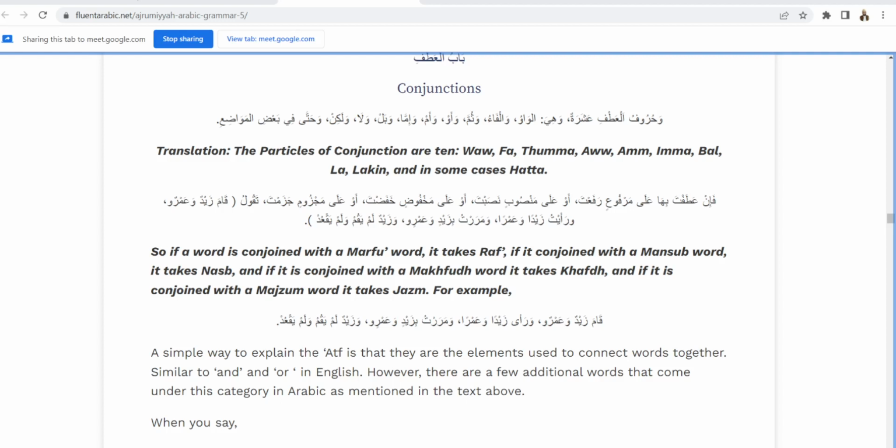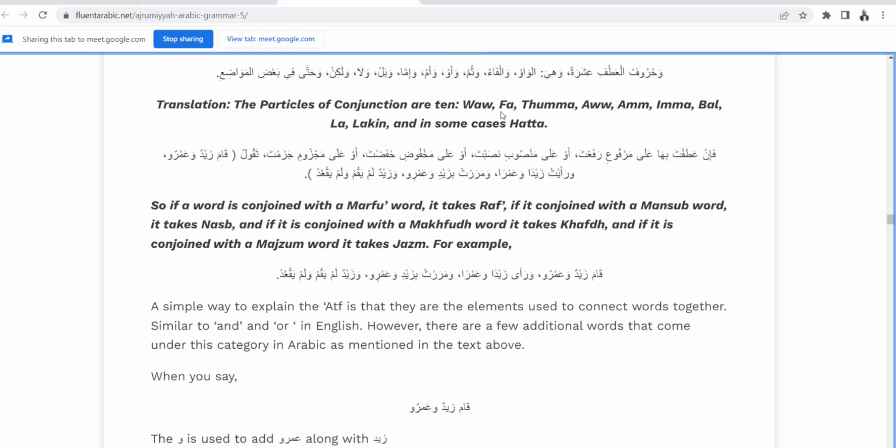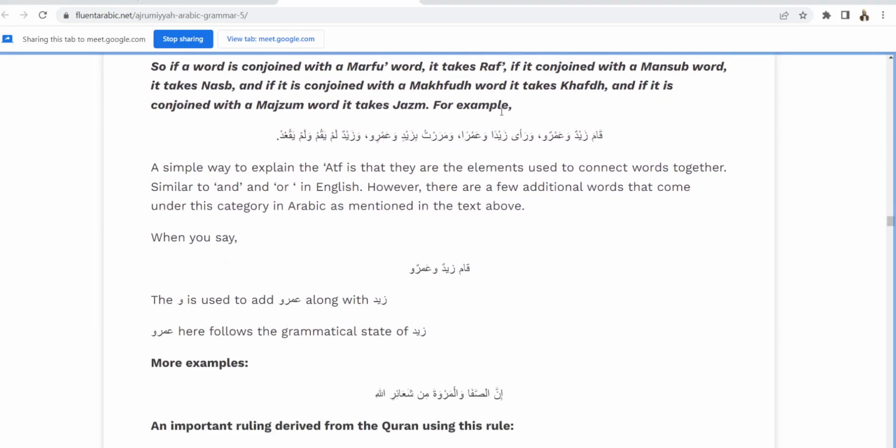Translation: the particles of conjunction are 10: waw, fa, thumma, aw, imma, bal, la, lakin, and in some cases hatta. So if a word is conjoined with a marfu' word, it takes rafa. If it is conjoined with a mansub word, it takes nasb. If it is conjoined with a makhfud word, it takes khafd. And if it is conjoined with a majzum word, it takes jazm. They fall into the same category.